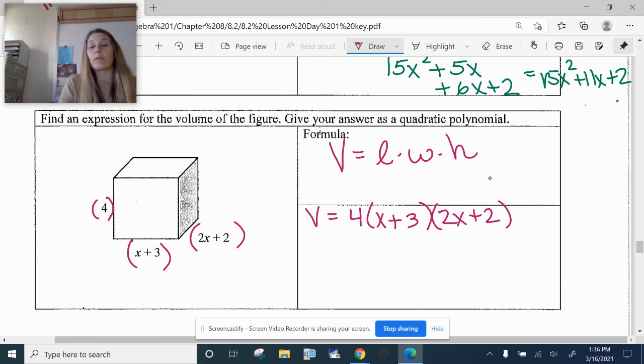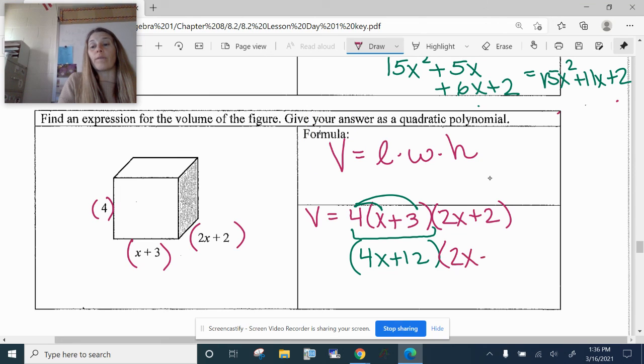So it doesn't matter what order as long as you're multiplying the 3 together. Now again, just like in the last example, I'm going to take 2 of them and multiply that together first. So I have 4x plus 12. And now I'm going to take my 4x plus 12 and multiply it to the 2x plus 2.